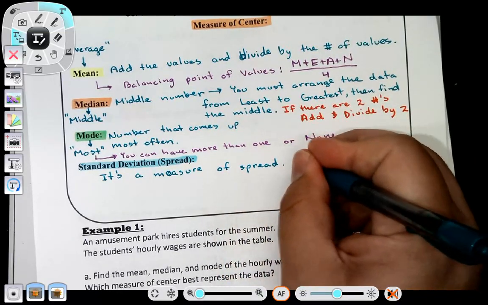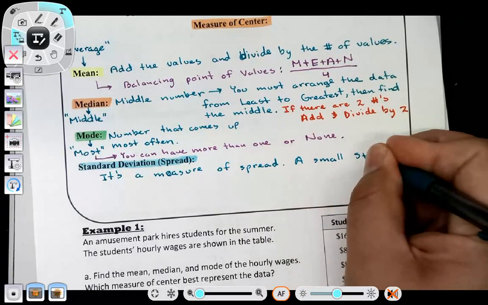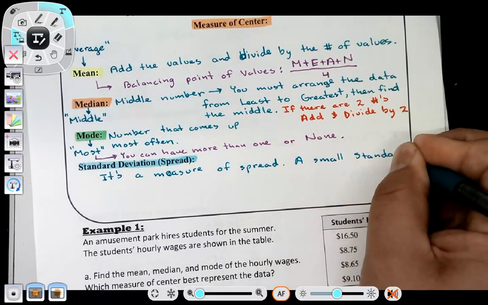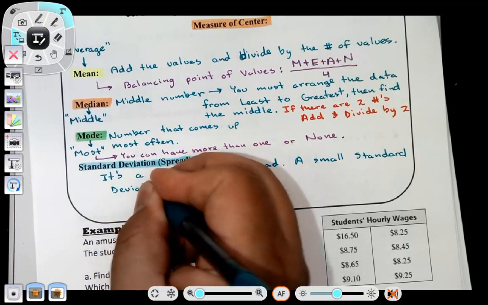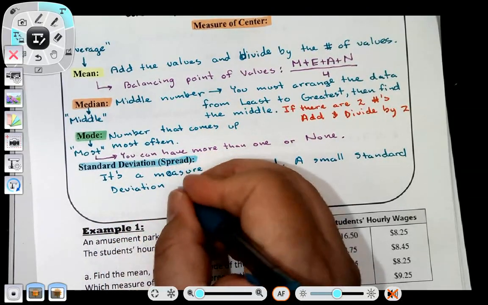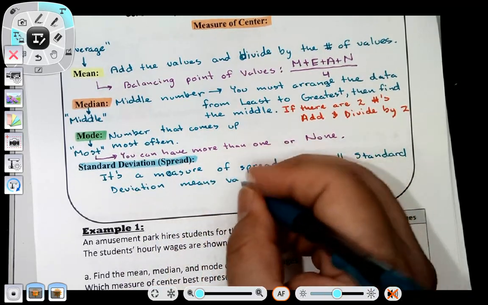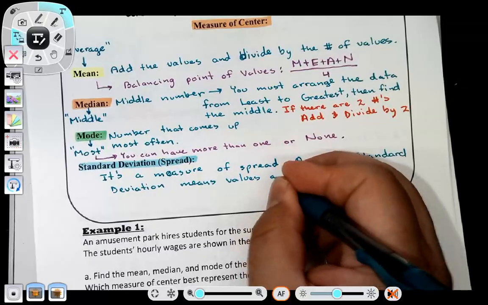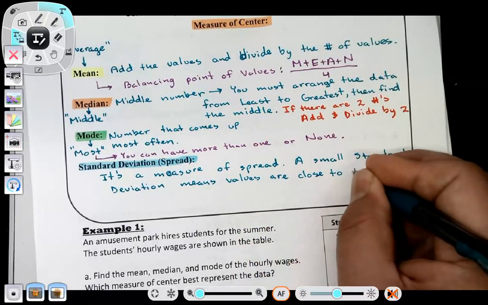So a small standard deviation means values are close to the mean.